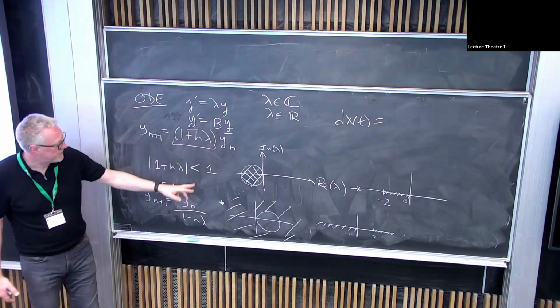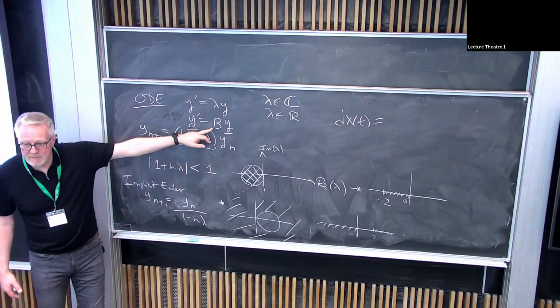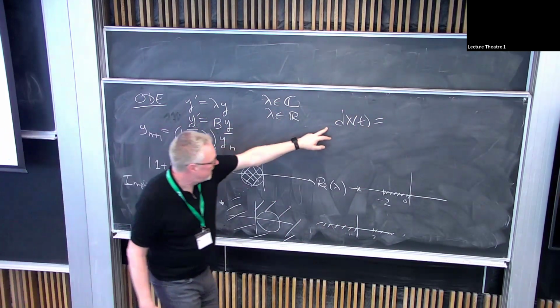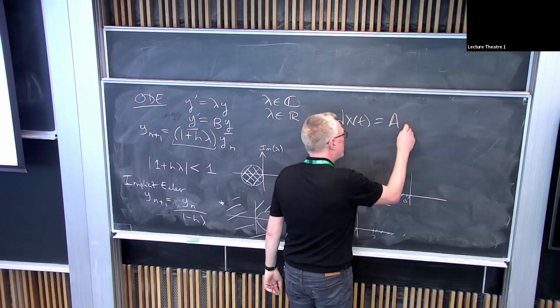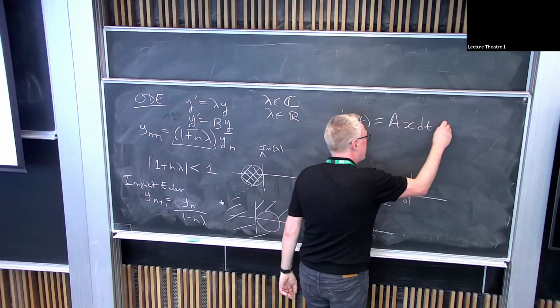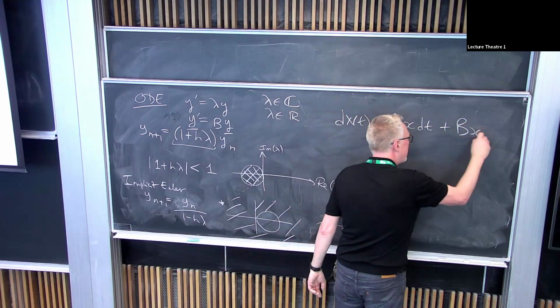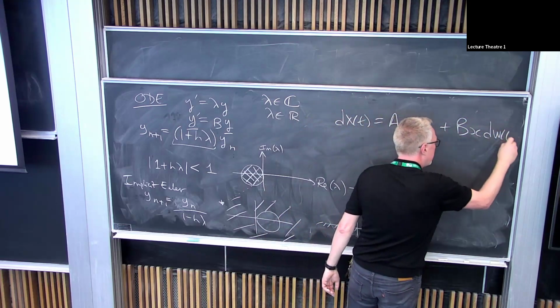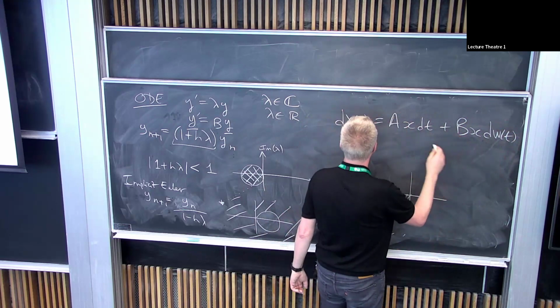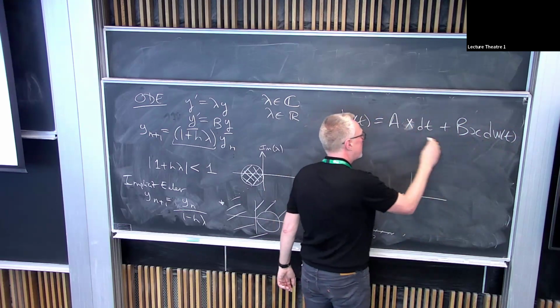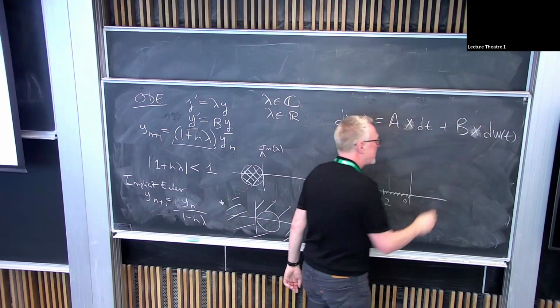So lambda here represents an eigenvalue of b. But in the SDE case, if you wanted to do the system version, it would be something like A x dt, maybe you want to still have a scalar Brownian motion. You can have a matrix B times x, where x is vector valued.